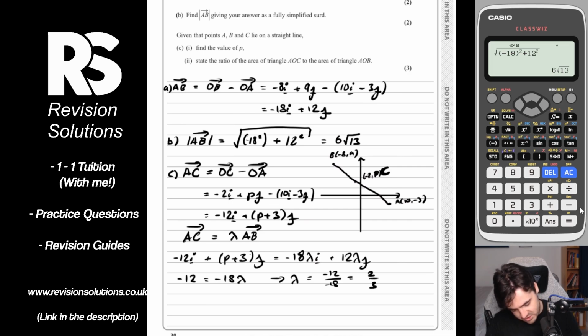And now looking at the j's, we'd know that p plus 3 must equal 12 lambda. And then lambda is just 2/3, so p plus 3 must equal 8.